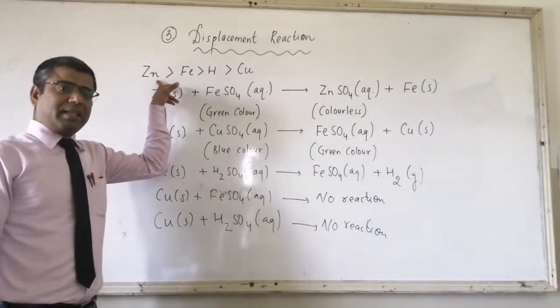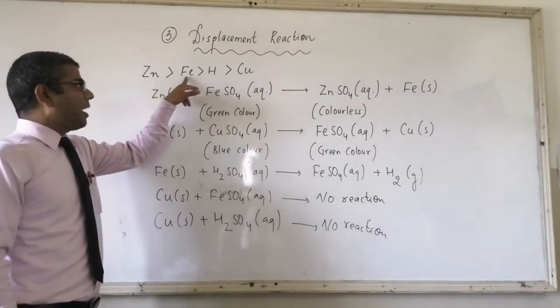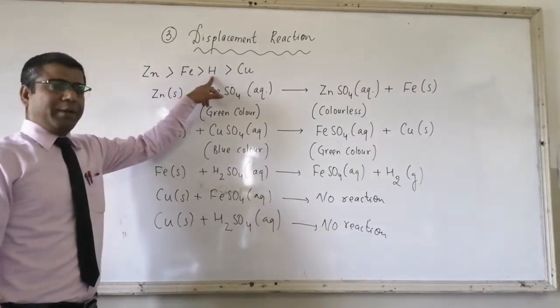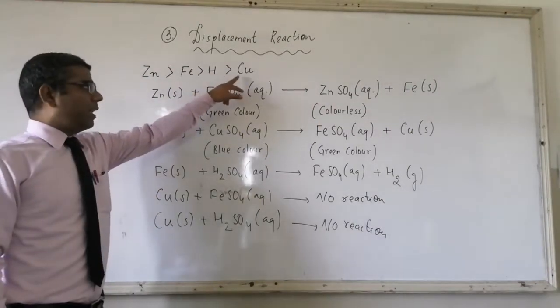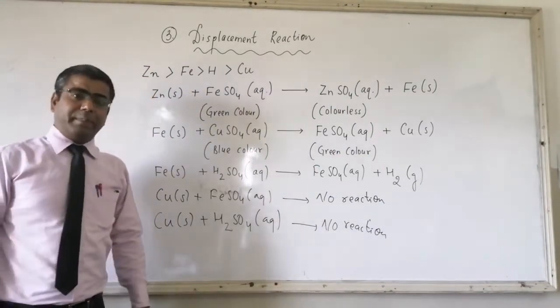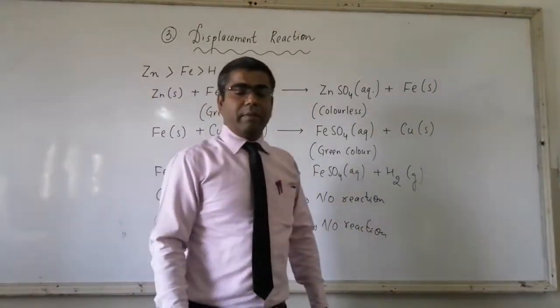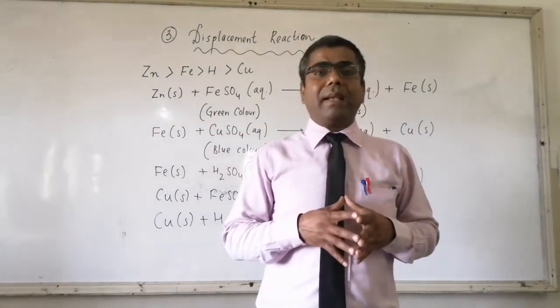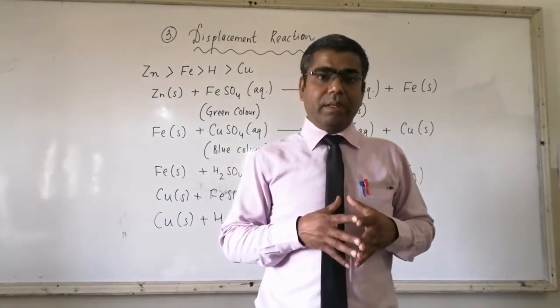Zinc metal is more reactive than iron metal. Iron is more reactive than hydrogen, and hydrogen is more reactive than copper. So it is the decreasing order of their reactivity. Whenever we talk about metals, we say that metals are electropositive in nature.